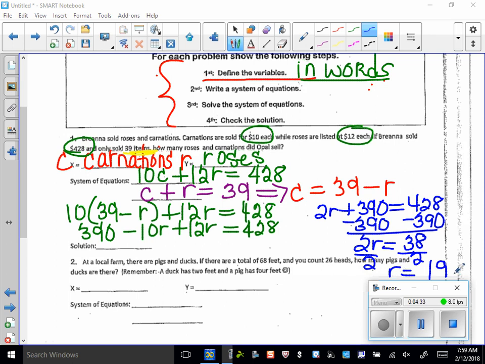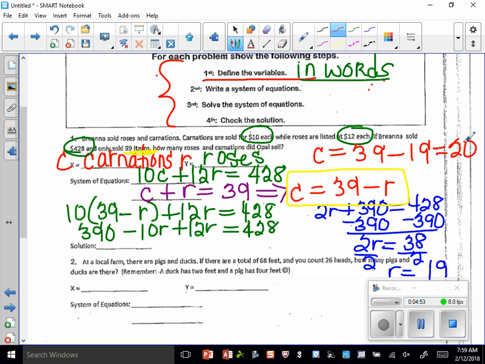So the number of roses equals 19. So then, of course, you're going to go back to here to get your number of carnations. So if I say that C equals 39 minus 19, so how many carnations do I have? 20. Okay, so I have 20 carnations and 19 roses.